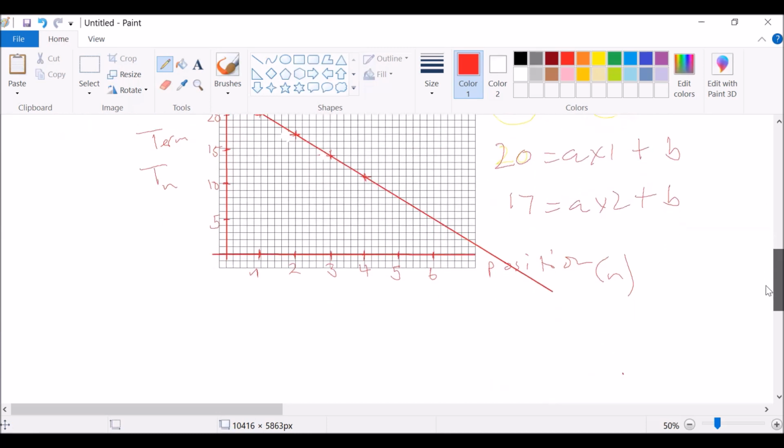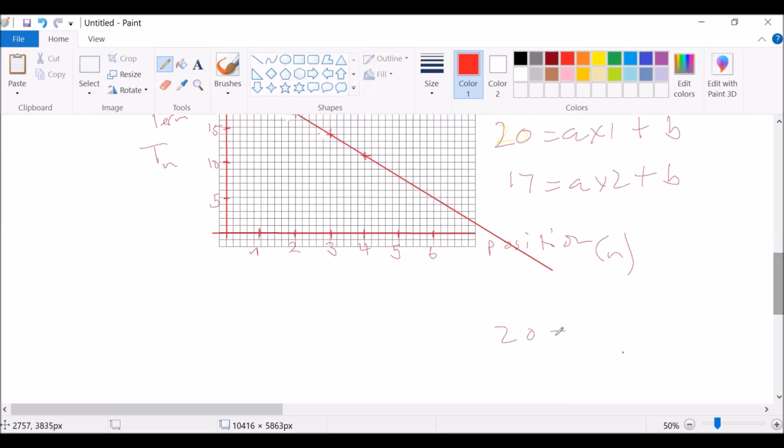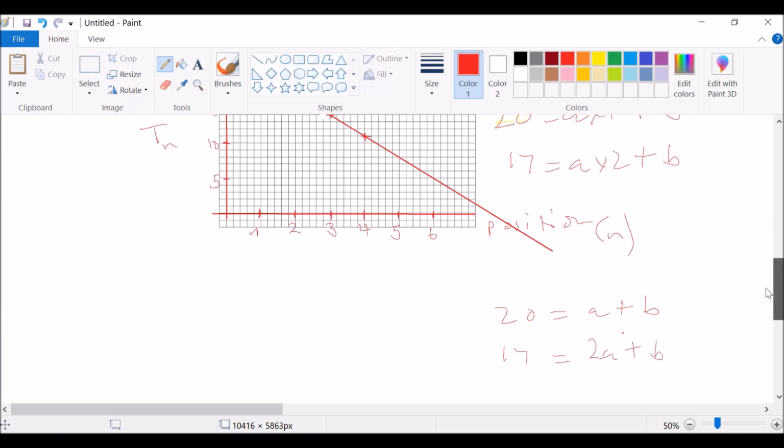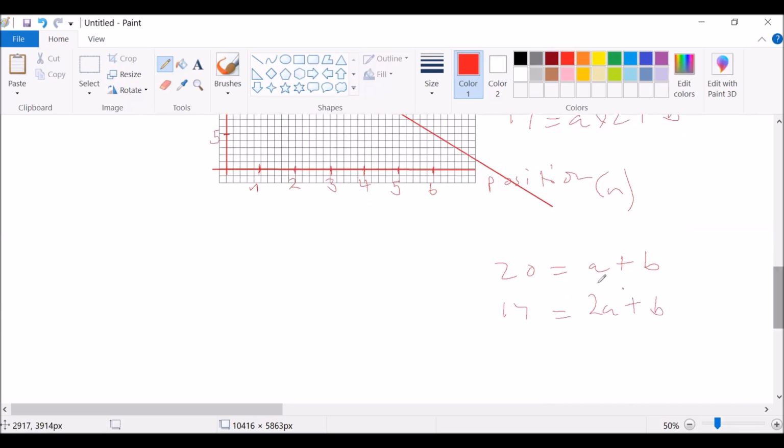Let's simplify them: 20 is equal to A plus B, and 17 is equal to 2A plus B. This is equation 1, this is equation 2.